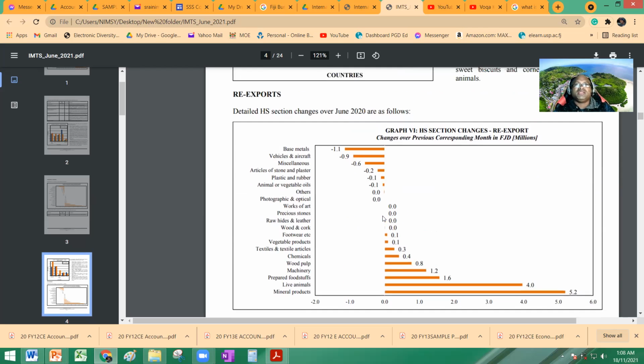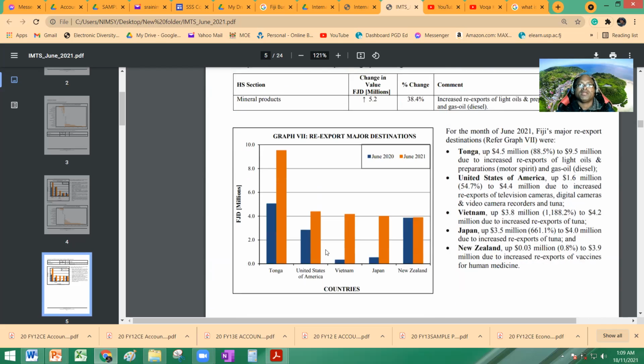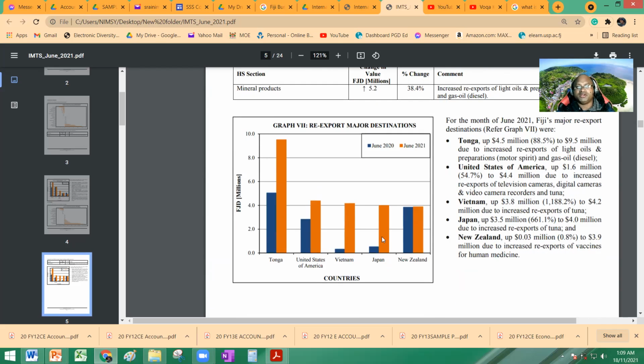And the last one here is re-export. So these are the name of the product on the y-axis, and minus means decrease, positive number means increase. So items that have been re-exported, buying and then selling it off again. And the countries.